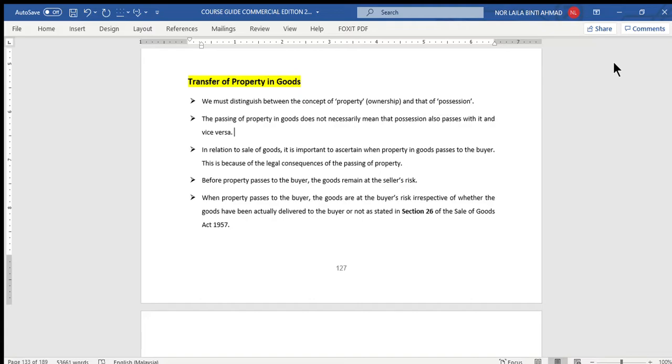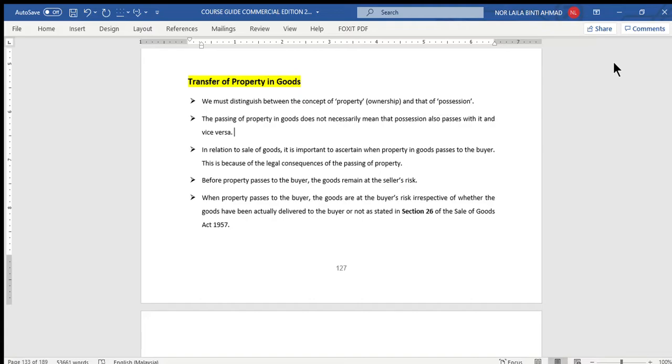Please bear in mind that the rules on transfer of property in goods, or rules of transfer of ownership, is very important, okay, because to determine the risk of damage. For example, what if the goods in the process of transmission from the seller to buyer, and then let's say the goods is missing, so who is liable to bear the loss here?